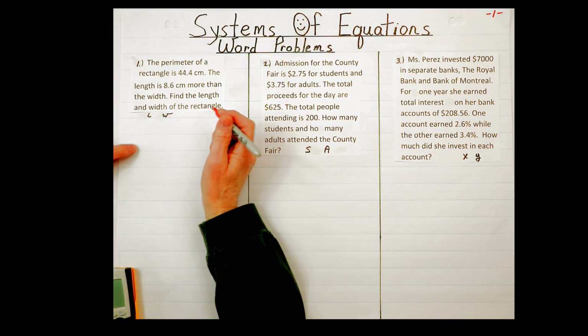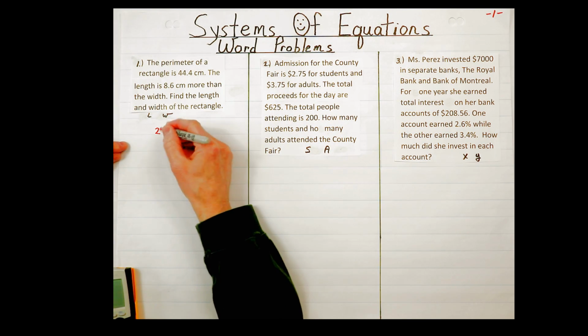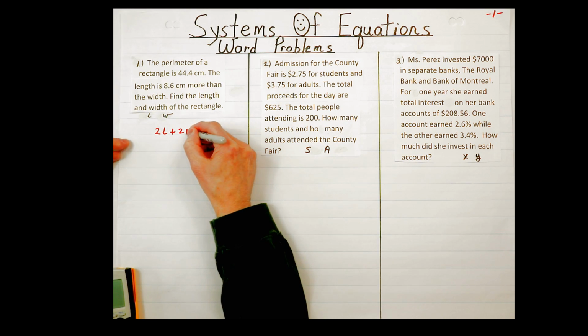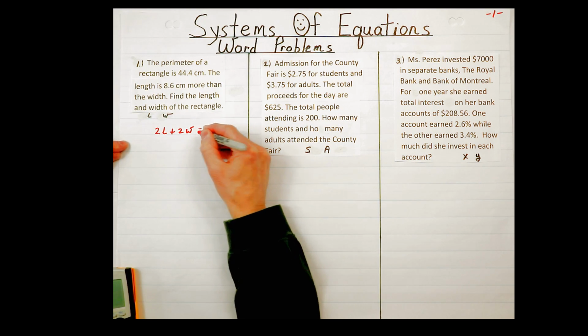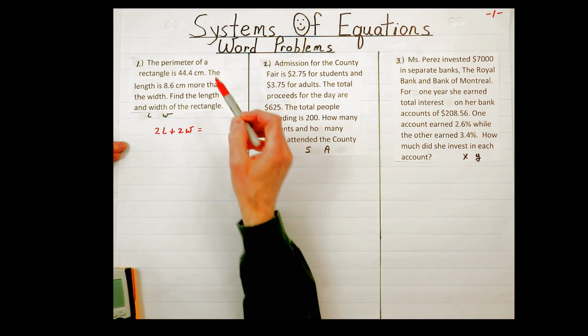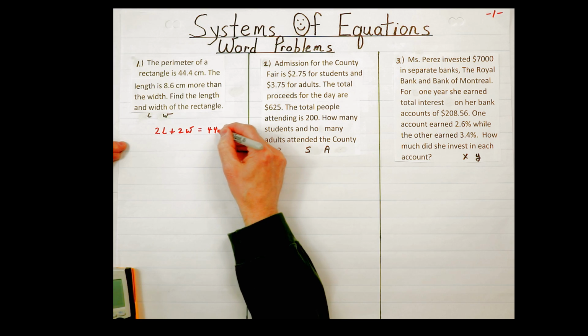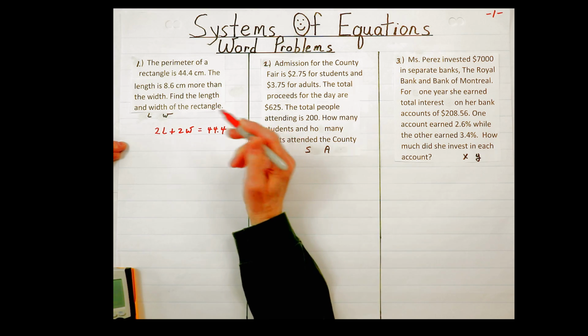So let's write the first equation as twice the length plus twice the width equals the perimeter, the four sides, right? So 44.4 centimeters.